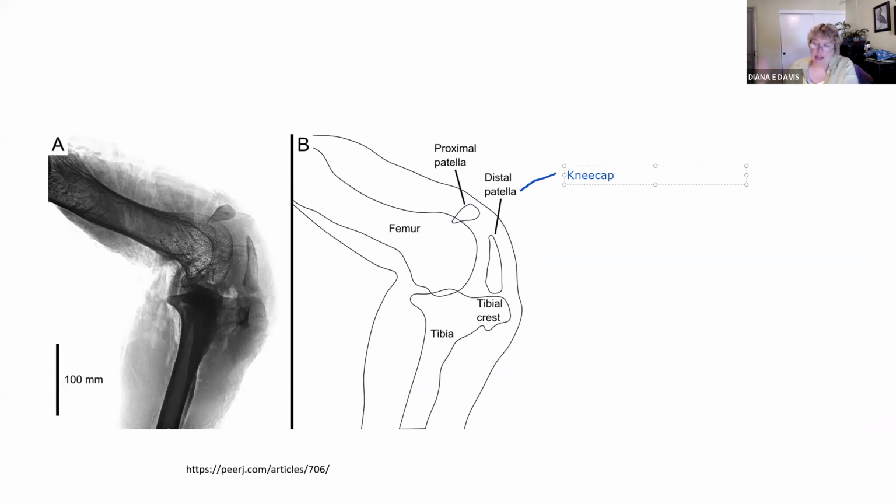Now, not all species have a kneecap. Not all mammals have one, not all birds have one. And in some animals, it's fibrous or made of cartilage instead of bone. In us, that's made of bone.